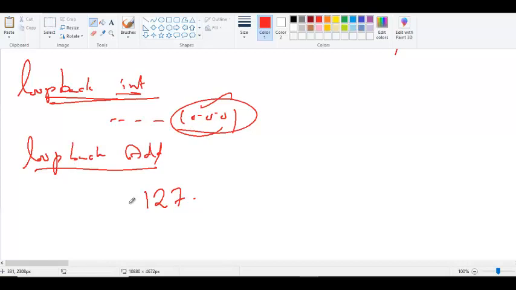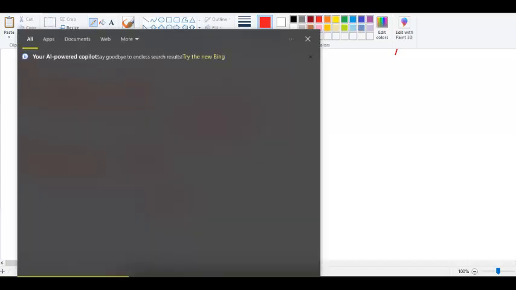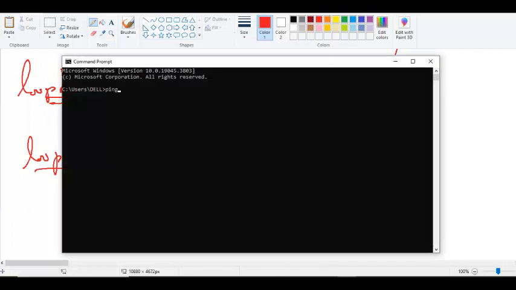Listen, when I go to command prompt and ping 127, give me any 4 numbers. 127.0.0.1. Listen, I have never configured this. First of all, you cannot configure any computer with an address beginning with 127.